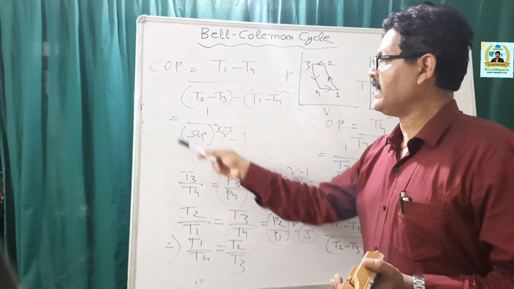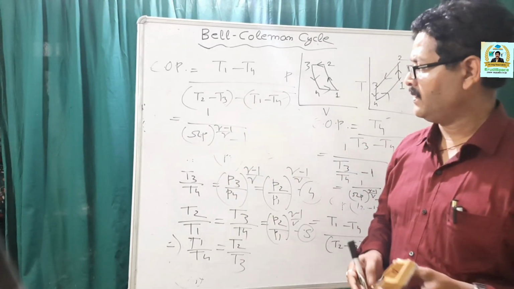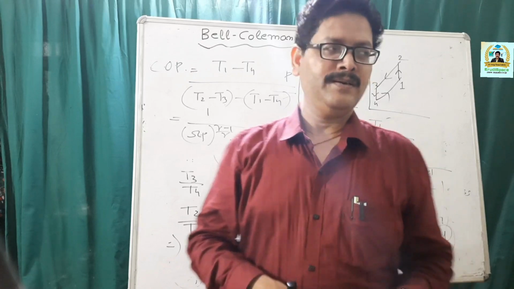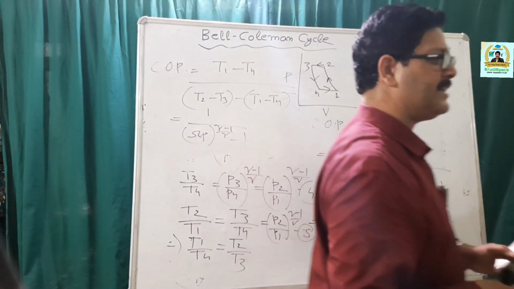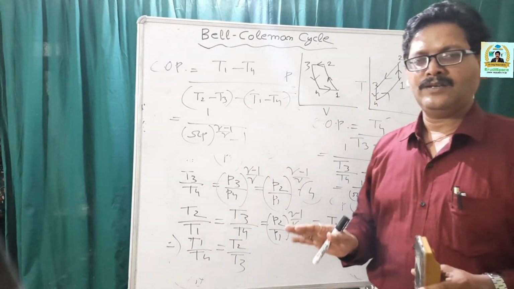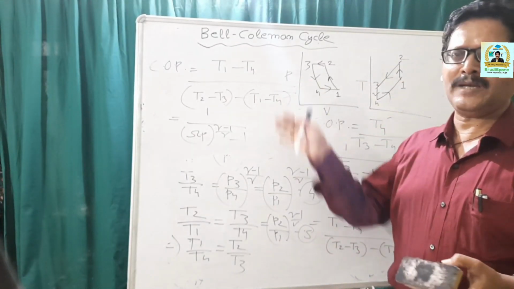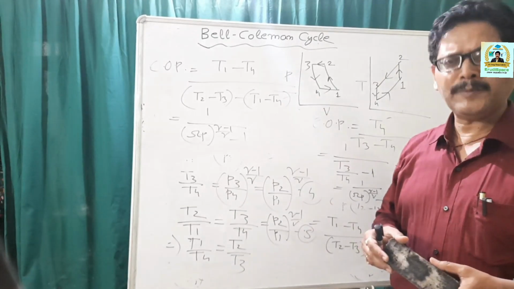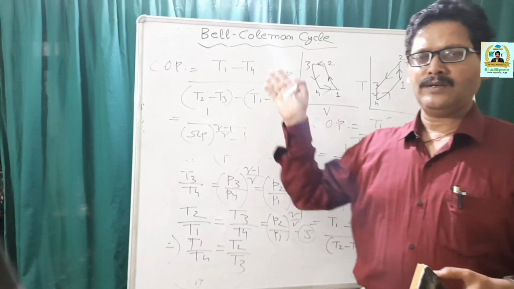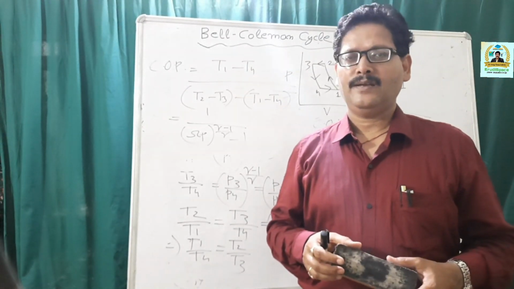So you get better C.O.P. So these are the things related to the C.O.P. We have discussed in detail the function of the individual components, and also we have derived the performance parameter, that is C.O.P., in terms of both temperature parameters as well as pressure ratios.